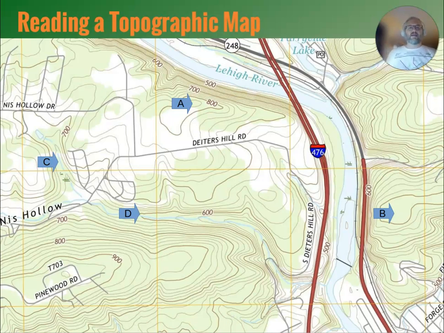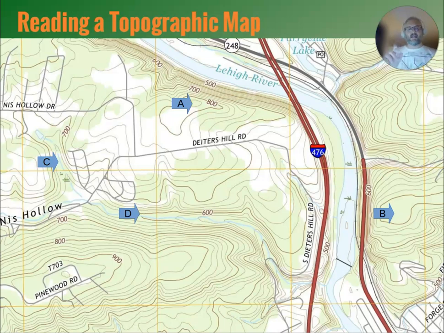Then we can also see that, imagine you're coming downhill from A, you've crossed the 800 contour, you cross that next small contour, that's going to be 20 feet lower, so that's going to be 780. And then you hit the intersection before you get to another contour line, which would be 760.